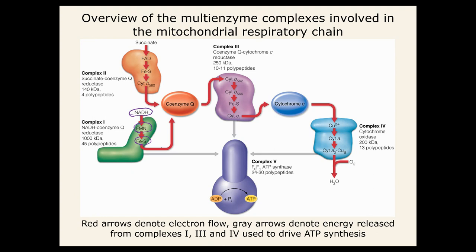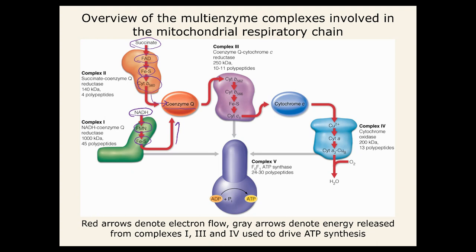The electrons then get transferred to coenzyme Q. In complex 2, FADH2 is formed from Krebs cycle. That is going to send electrons through the iron sulfur centers to a cytochrome, ultimately reducing coenzyme Q.